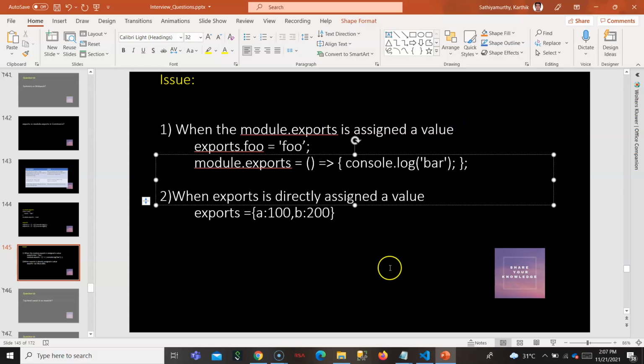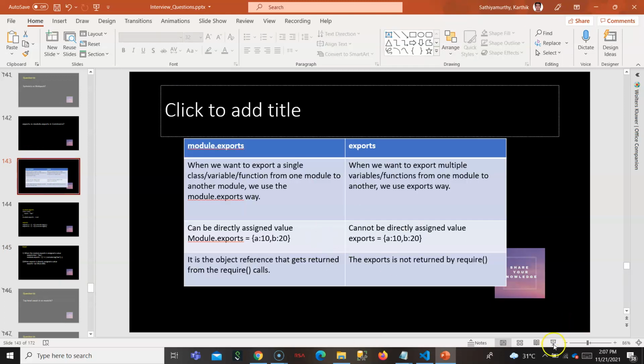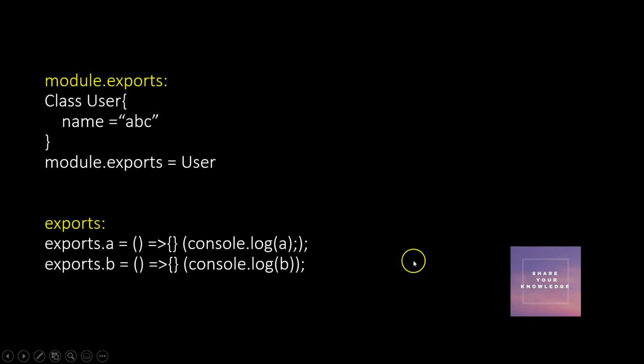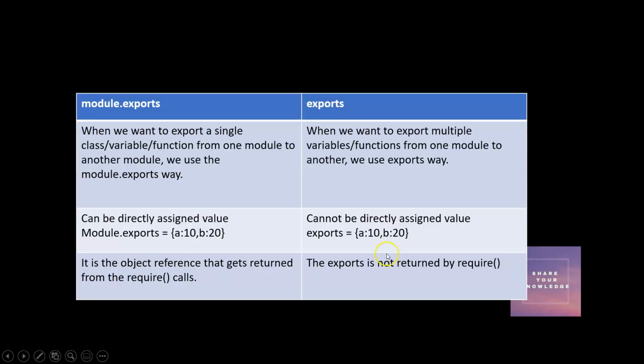These are the issues I pointed out here. I hope now these differences are clear. As I told you, for a single class, variable or function, it is better to use module.exports. For multiple values, it is better to use exports but with a property. You can directly replace in case of module.exports, but you cannot directly replace in case of exports; if you do, it will be just an empty module.